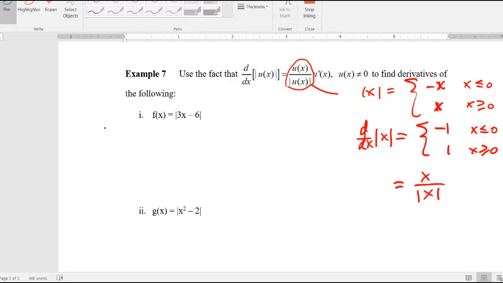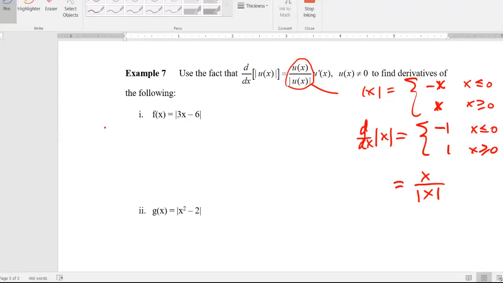And this preserves the fact that this quantity, because remember, this thing here will be a negative x for x less than 0, the denominator, which makes negative 1 for x less than 0. And undefined right at 0, so it preserves that.